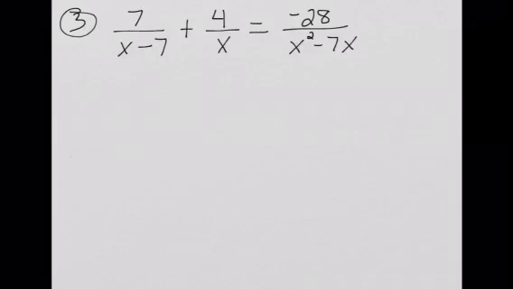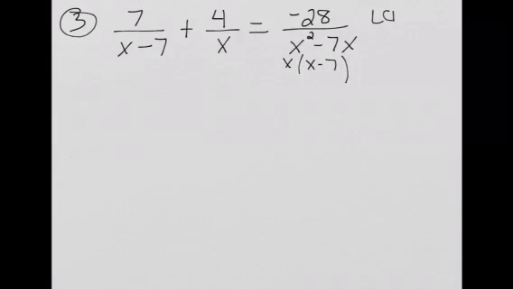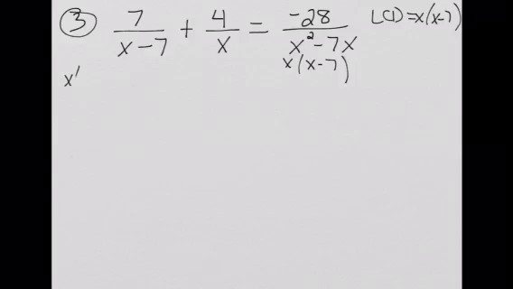Alright, number 3, again the same thing. I've got to make sure each denominator is factored first, so this just becomes x times x minus 7. And so that's actually our LCD, just x times x minus 7. Alright, so again, I'm just going to rewrite that, multiplying each term by the LCD.